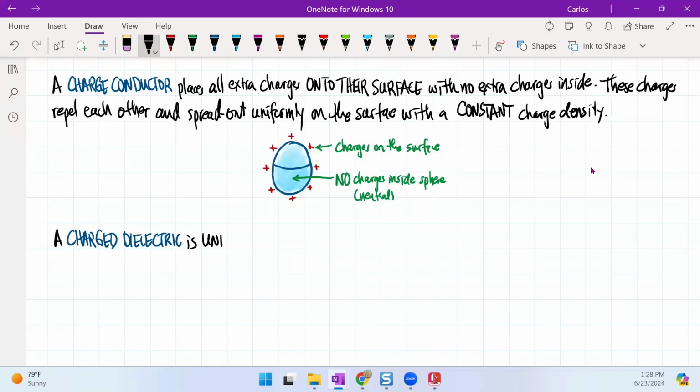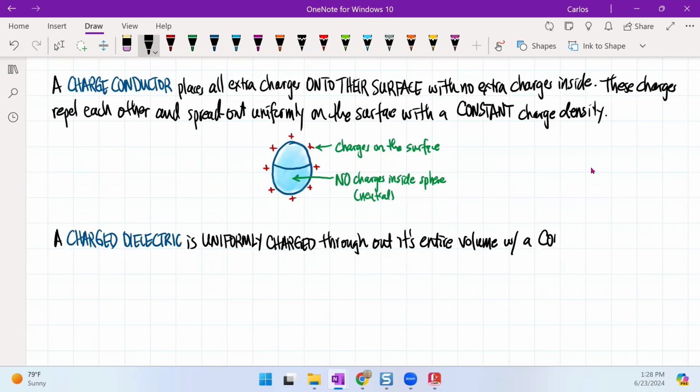It is uniformly charged throughout its entire volume, not just on the surface, but also throughout the entire volume with a constant charge density.